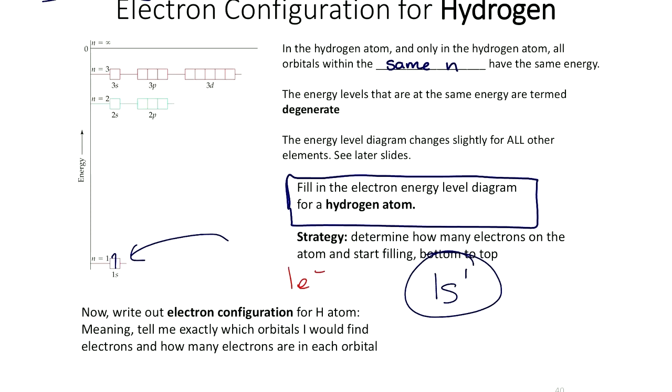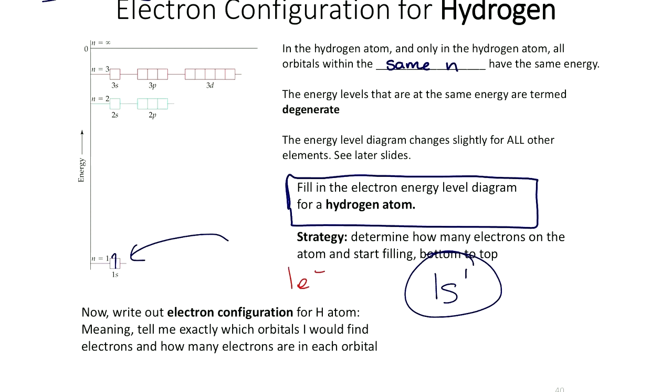I can use the diagram to figure out where that electron is going to go, and then write and tell a reader, like in a word processor, where you will find that electron. Because drawing these diagrams is hard, but writing where the electrons are in text is a lot easier. All right, so that's for hydrogen.